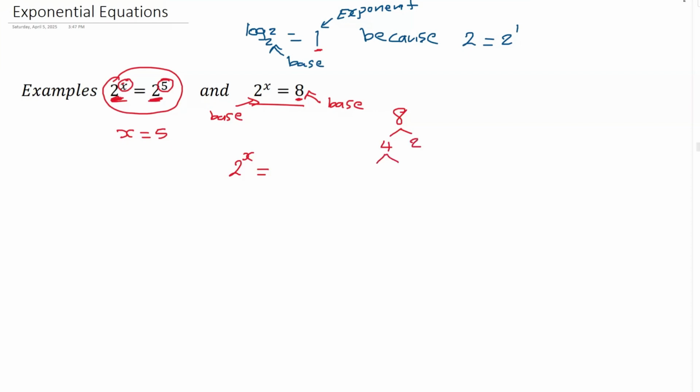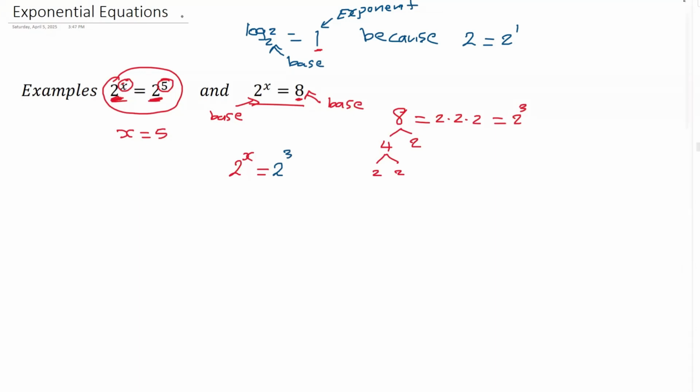And if you go further, 4 is 2 times 2. So then 8 is going to be 2 times 2 times 2, which is 2 repeated 3 times. Therefore, 8 is the same as 2 to the 3rd power.